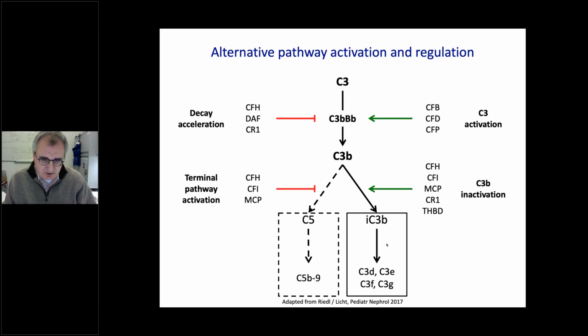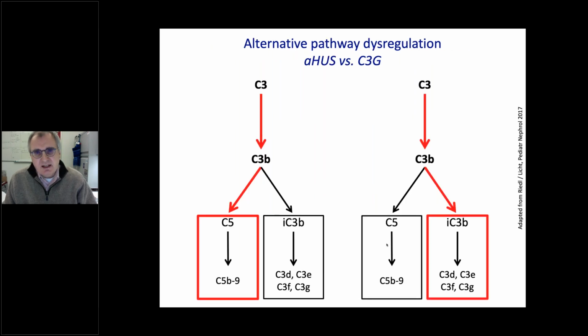If that is not happening, then the terminal pathway is initiated and the terminal pathway product C5b9 is formed. Our simple thinking about the two major diseases where complement is today established as a major component in its pathogenesis, aHUS and now C3G, is summarized on this cartoon.